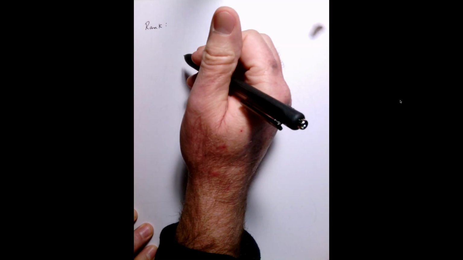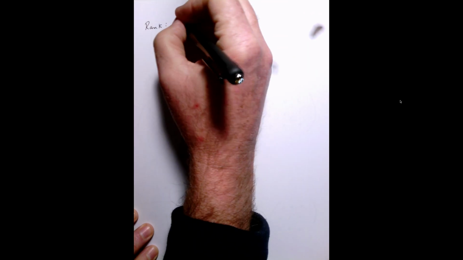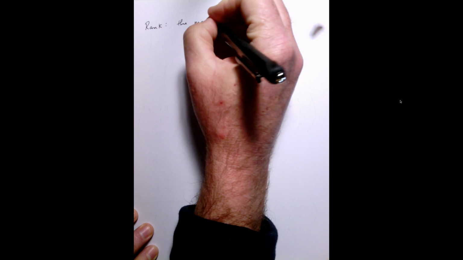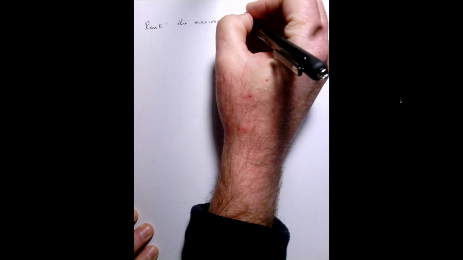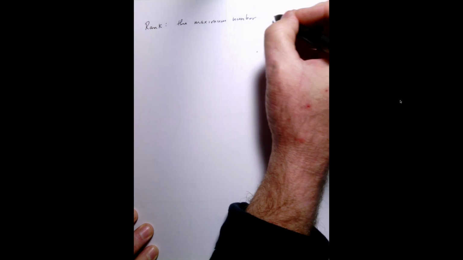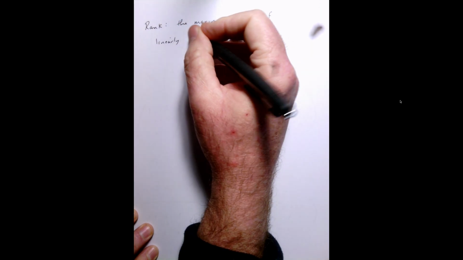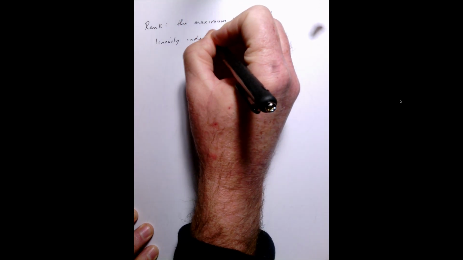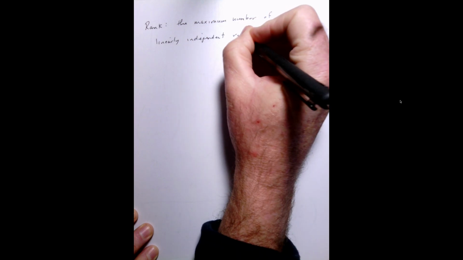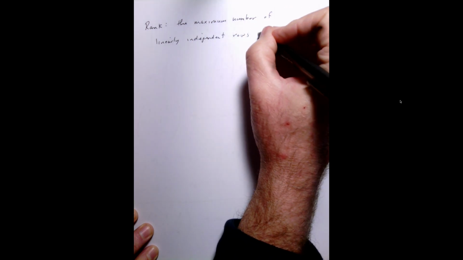Let me get another sheet of paper. The nature of this video. All right, let's talk a little bit about rank. So the maximum number of linearly independent rows is what we call our row rank.